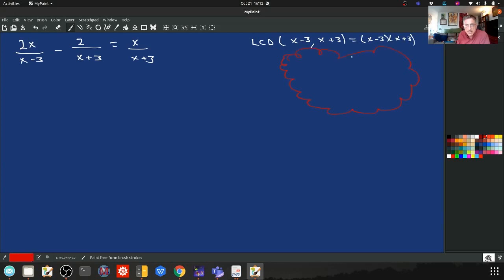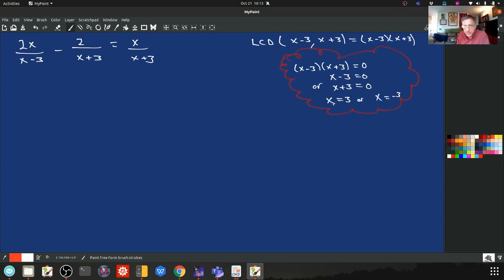I take my LCD of terms and I set it equal to 0. X minus 3 times x plus 3 is equal to 0. You solve it by setting each factor equal to 0. So that gives me the values of x is equal to 3, or x is equal to minus 3.